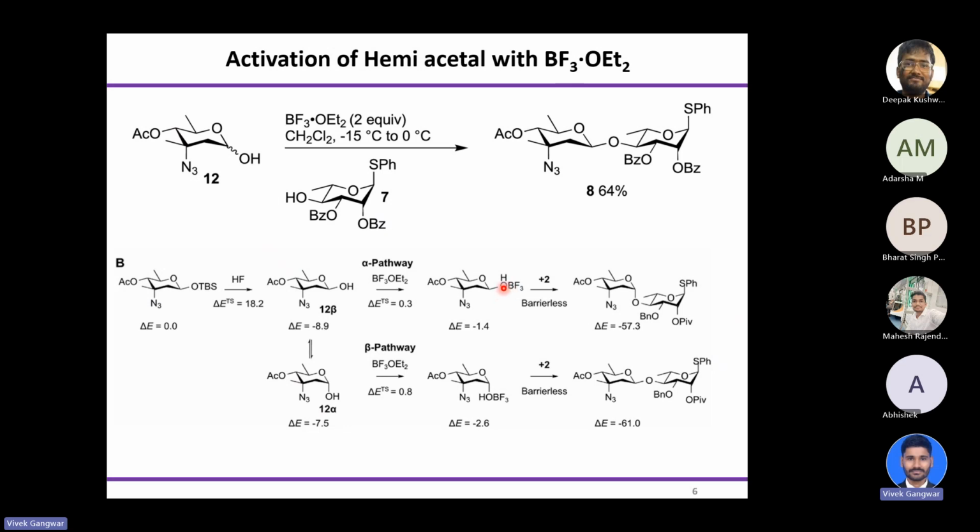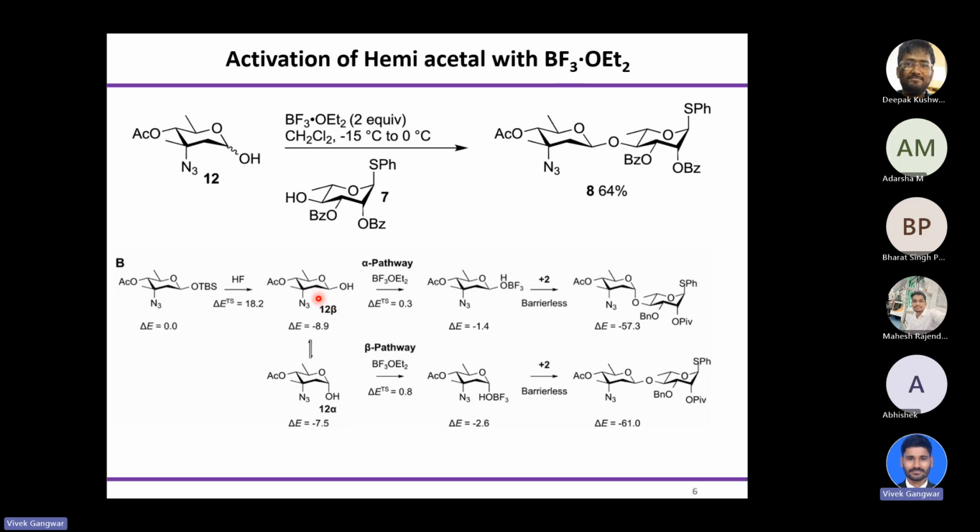They got the OBF3 intermediate, and the acceptor attacks on that intermediate, so they get alpha selectivity, and same with the equilibrium, this alpha part is activated by BF3 and got this intermediate, attacked by the acceptor and got alpha selectivity.